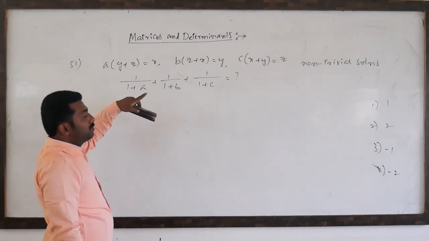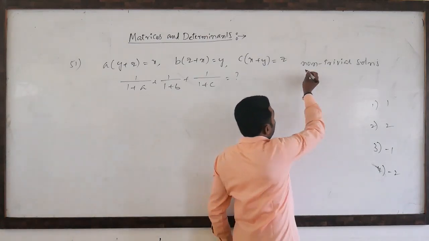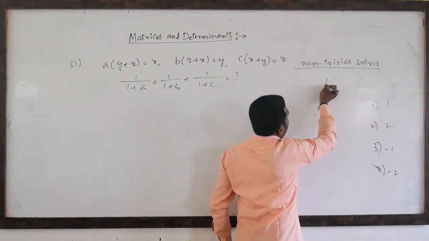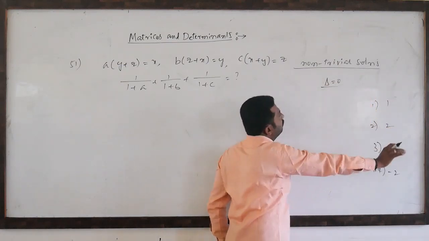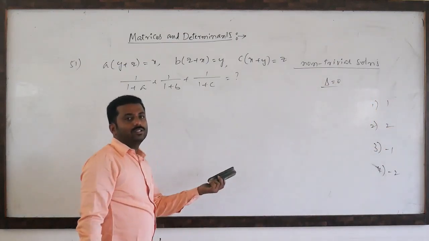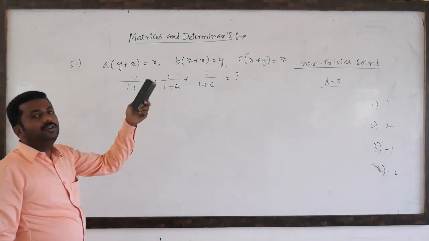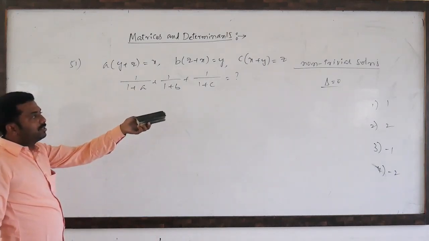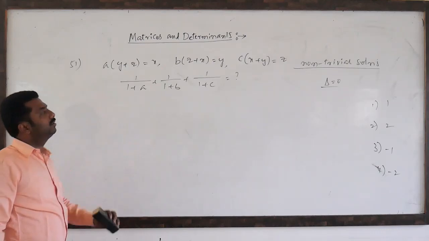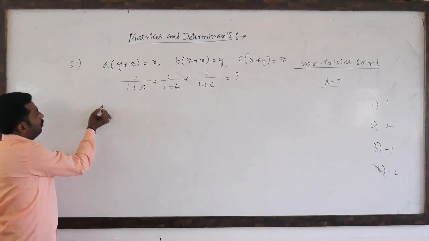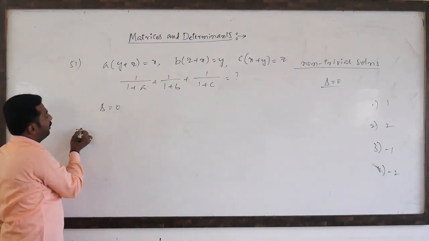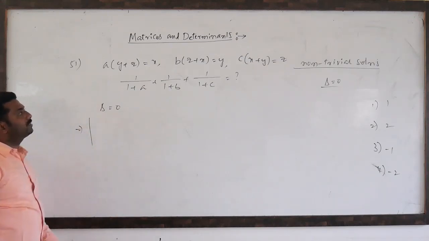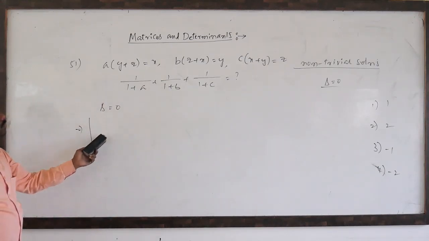So non-trivial solutions means non-zero solutions, means delta must be equal to 0. Trivial solutions means delta is not equal to 0. Non-trivial solutions means delta must be equal to 0. So delta means the determinant of the coefficient matrix equal to 0.